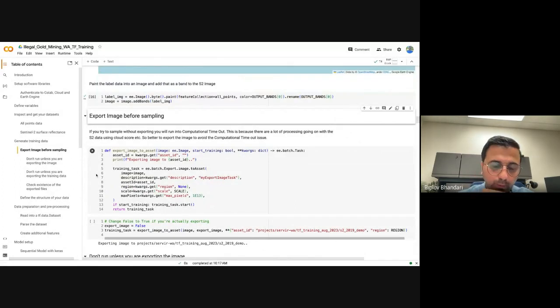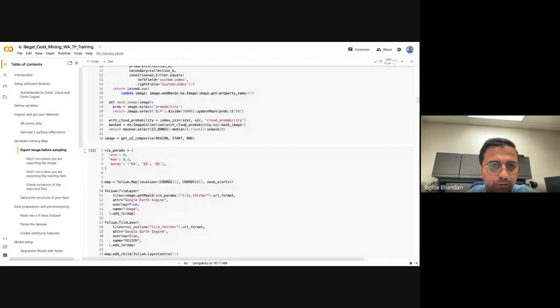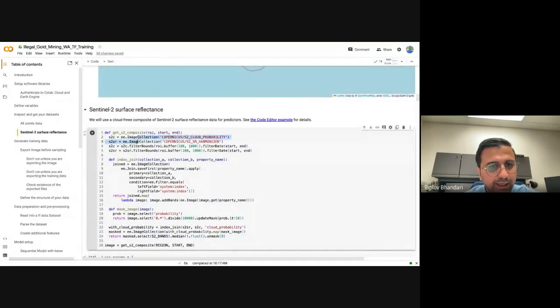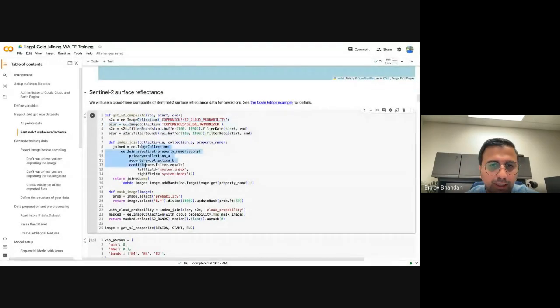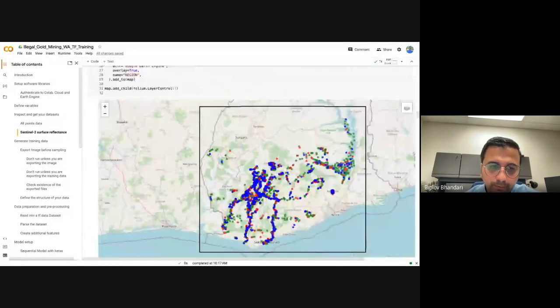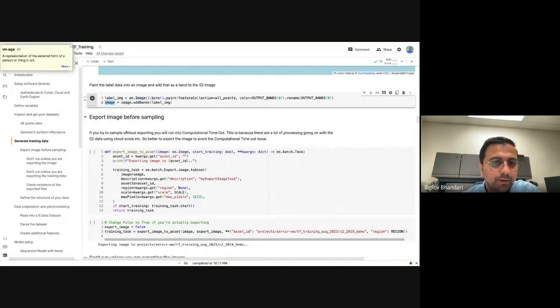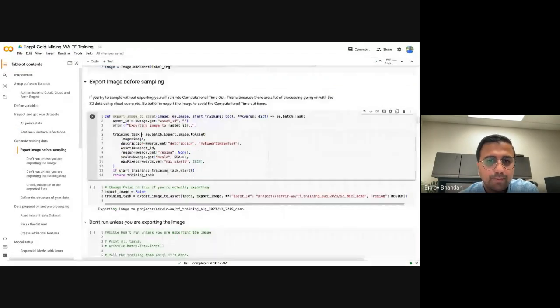One caveat of using Earth Engine is that sometimes it can run into a computational timeout error, especially if you have a massive computation going on. That's the case with us, especially with the Sentinel-2 dataset, because you're using two image collections and also joining them. It's a very computationally heavy process, and if you try to just sample from this image, you'll run into the computational timeout problem.